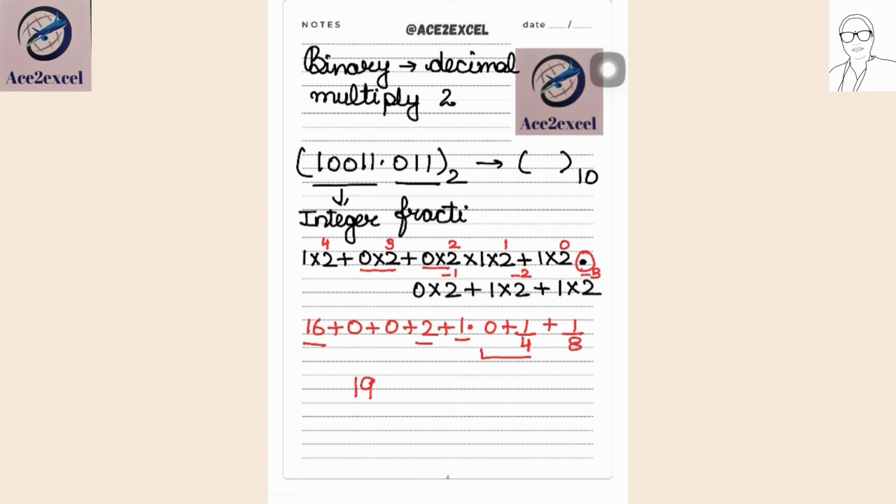Talk about the other half: 0 plus 0.25 plus 0.125. If you add them up, it comes out to be 0.375. And this is the decimal equivalent of the given number.